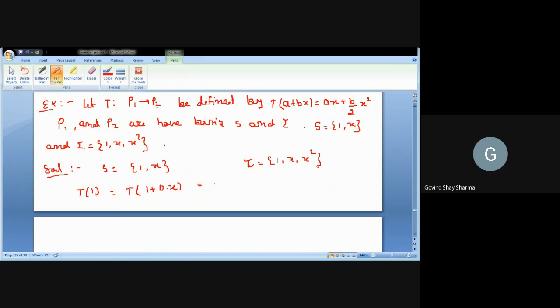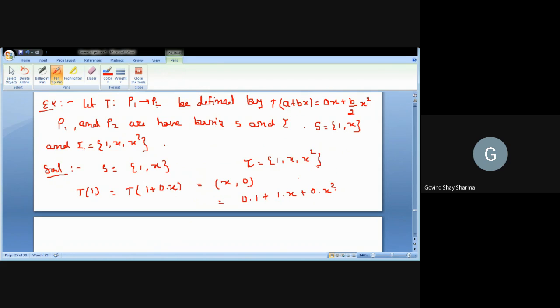So we get here x, and b is equal to 0. It can be written in the form of the basis as 0 times 1 plus 1 times x plus 0 times x^2. This form is written in the tau basis, because the basis of tau is 1, x, x^2.